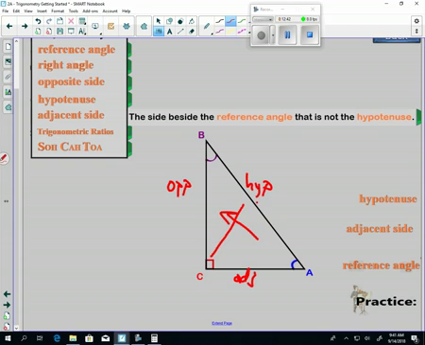The word adjacent means standing next to. If you were to look to your side, that would be your adjacent side. So for angle A, this is the adjacent side. However, if I was looking at angle B, this would be the opposite side for B, and this one would be the adjacent side for B. But they both have the same hypotenuse. The hypotenuse cannot be changed.